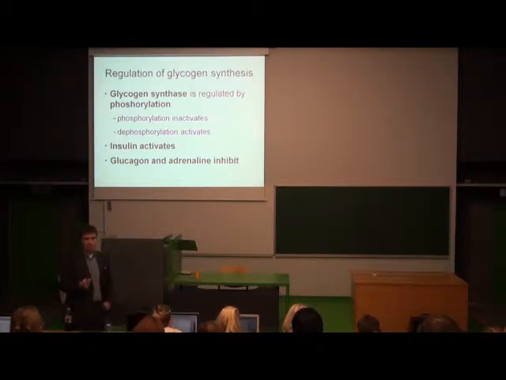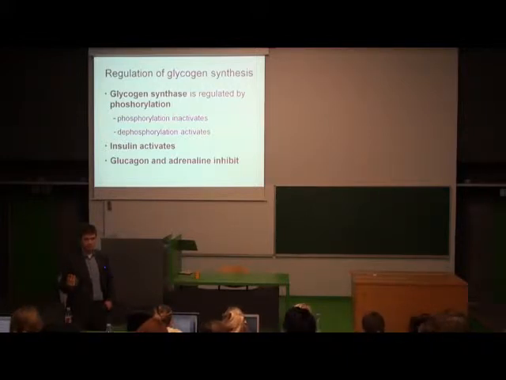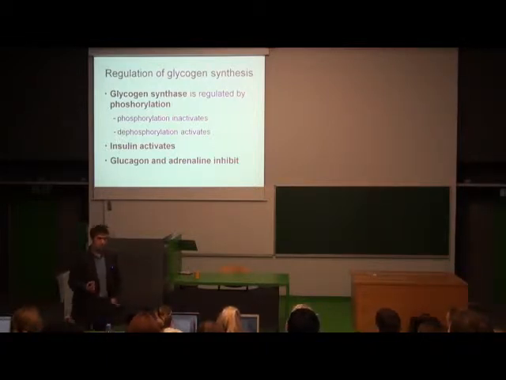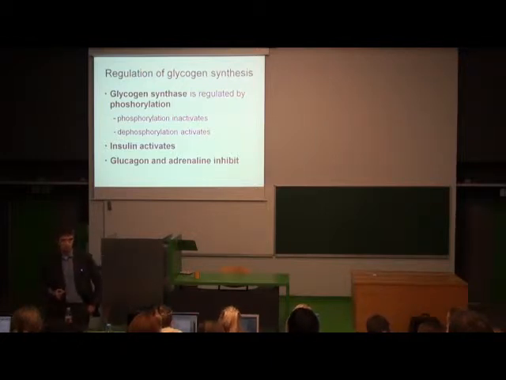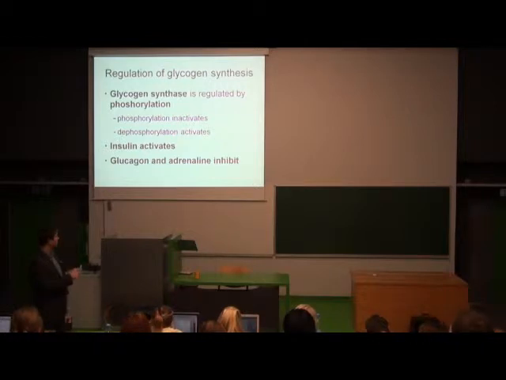Glycogen synthase catalyzes an anabolic process, formation of a big polysaccharide, and therefore it's activated by the anabolic hormone insulin. The counter-regulatory hormones such as glucagon, adrenaline or cortisol inhibit this process. They act through phosphorylation or dephosphorylation.